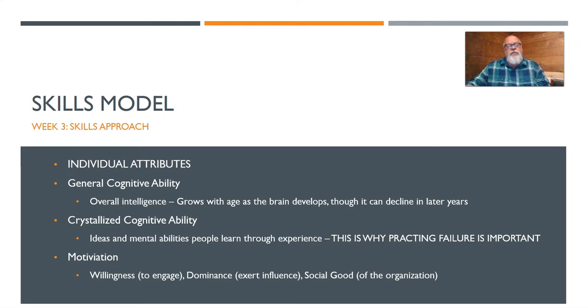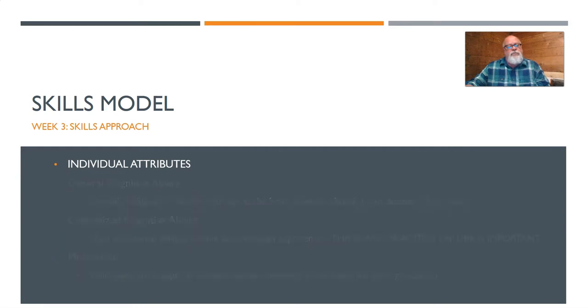If you're not willing to exert influence, that's going to challenge you as a leader. It's going to make it pretty hard for you to lead. You also have to have a very well-developed sense of social good, in this case, or in the workplace example, of your organization. Okay, you've got to care that your organization is going to succeed. You need good outcomes, and that's going to help you be a better leader.